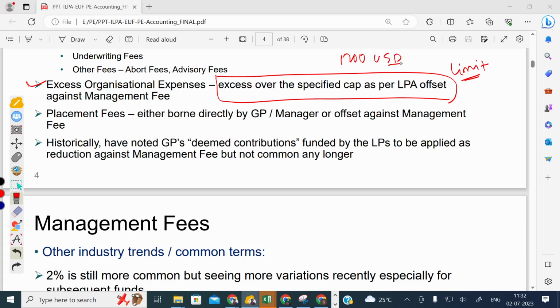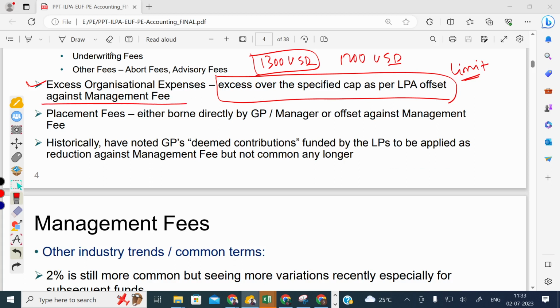This is the organizational expenses cap. What if for this particular year we have received 1300 in expenses? It means $100 of extra expenses incurred, let's say due to XYZ reason. That expense you can also offset against management fees.